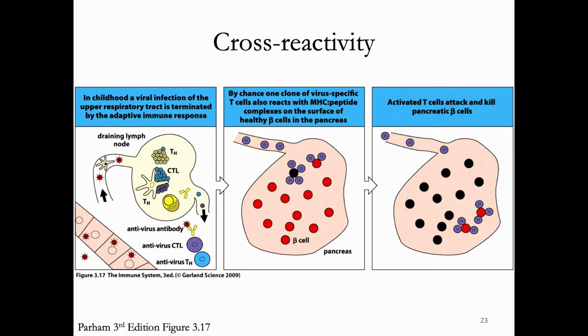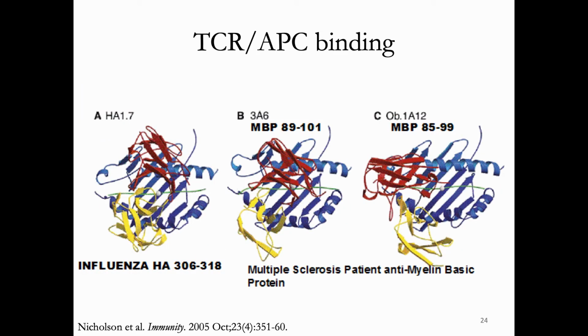If we happen to have the same antigen from this respiratory virus and on the beta cells, the T cells that were activated against the respiratory virus, that got rid of the respiratory virus, would now make their way to the pancreas and would be like, haha, I found my antigen, and destroy those beta cells, thus potentially leading to type 1 diabetes. And so we can see this type of mechanism leading to potential problems.